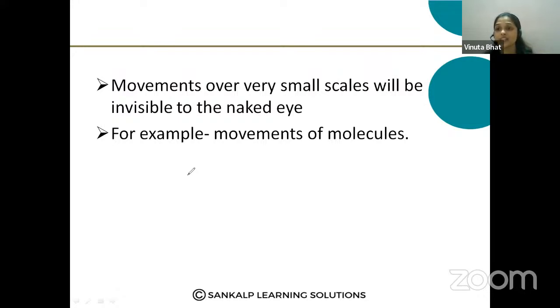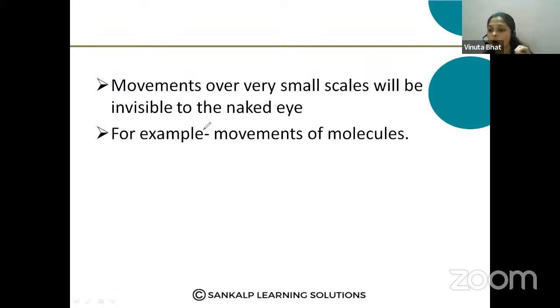Not only external characteristics like movement, growth or respiration, we have to observe some other movements. These are very small scale, invisible movements that take place inside the organism's body.